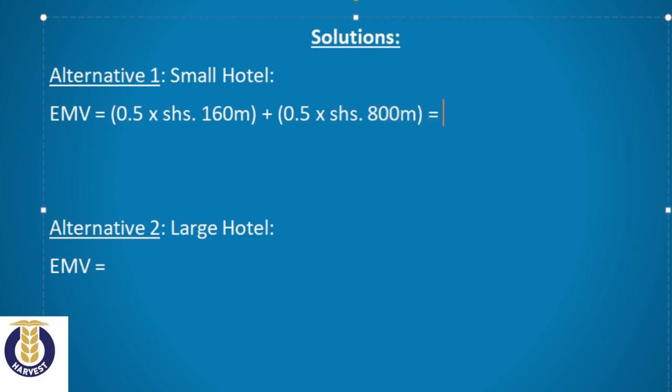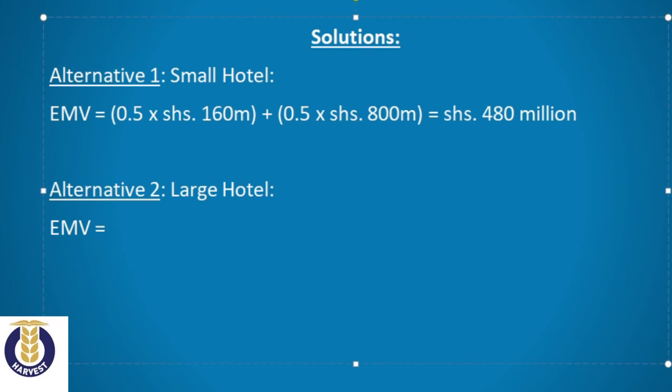So that gives you how much? 480 million. Then alternative 2, 0.5 times 200 million plus 0.5 times 270.